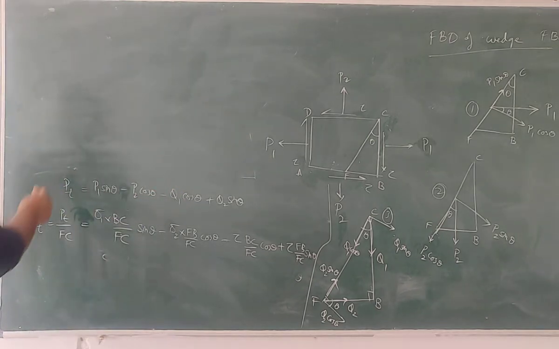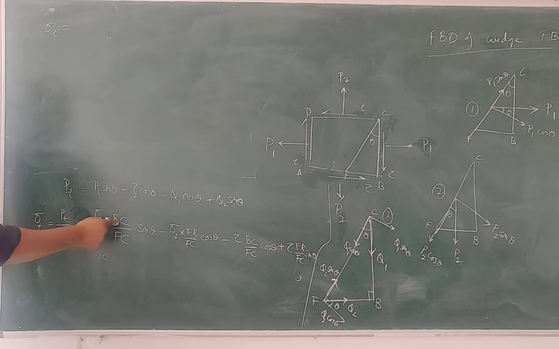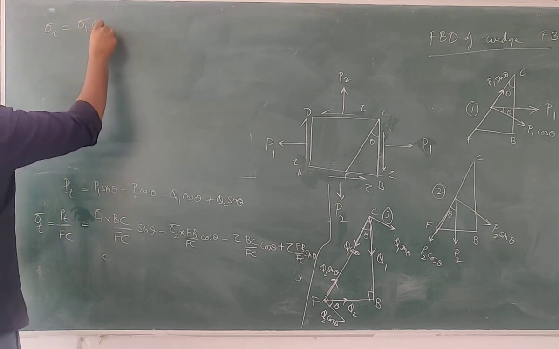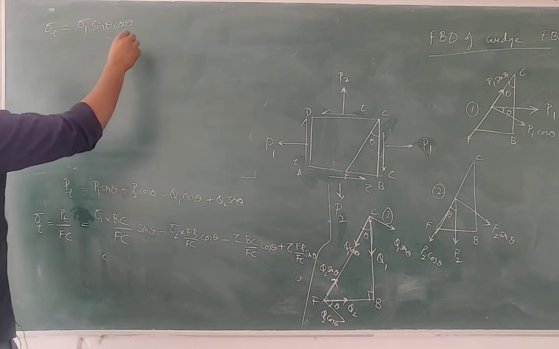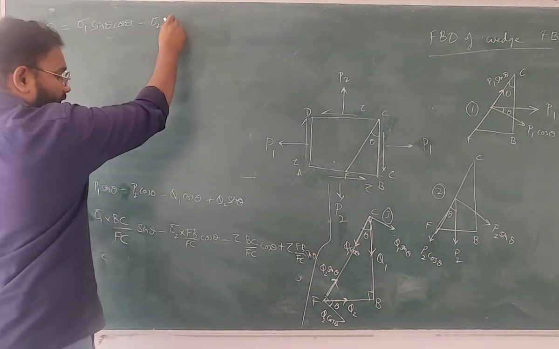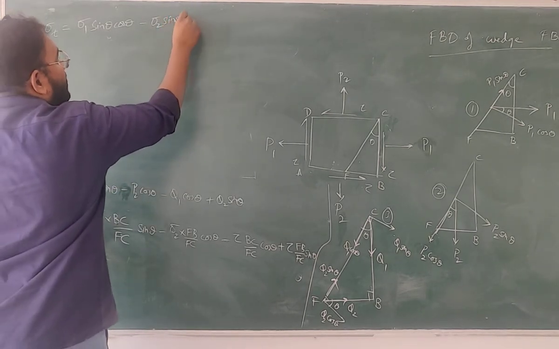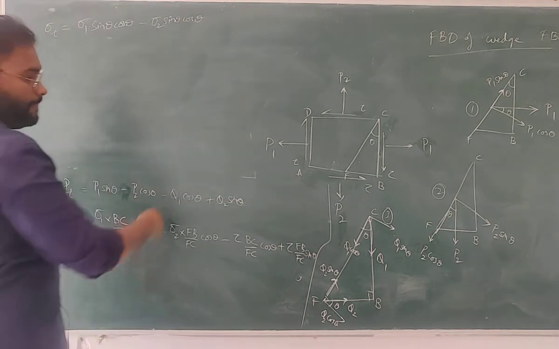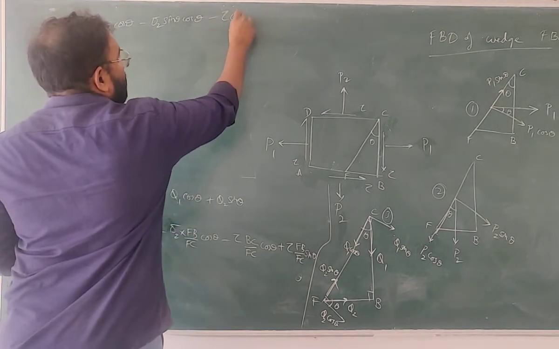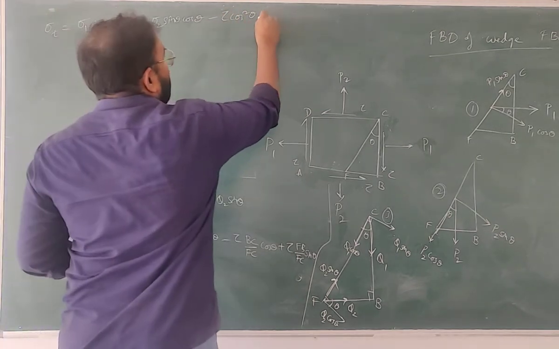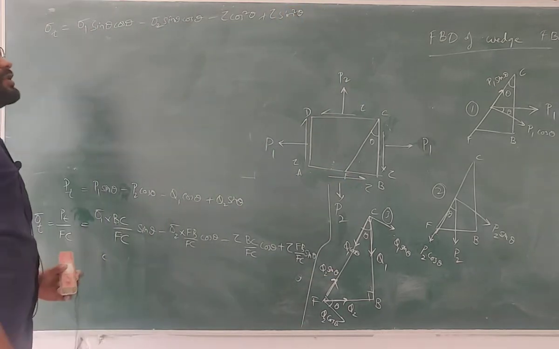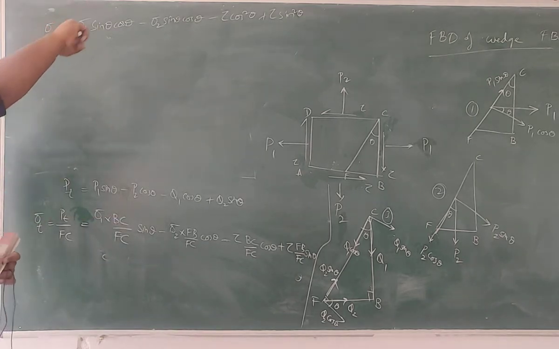So this will be sigma t is equal to BC by FC cos, so sigma 1 sin theta cos theta minus sigma 2 FB by FC, again this is sin theta cos theta, minus tau into, what is BC by FC? Tau into cos square theta, tau into sin square theta. Is that visible? Yes.